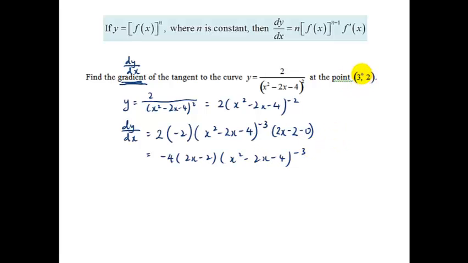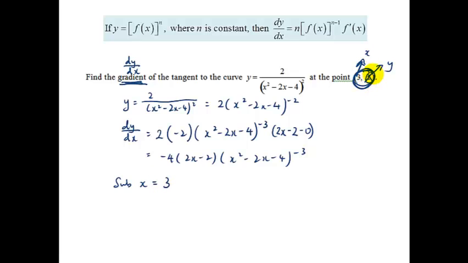Now they give me a point (3, 2). They want to find the gradient at the point (3, 2). So I'm going to make use of this point and substitute in some values. I'm going to substitute in x equals to 3. Do I need the y value?